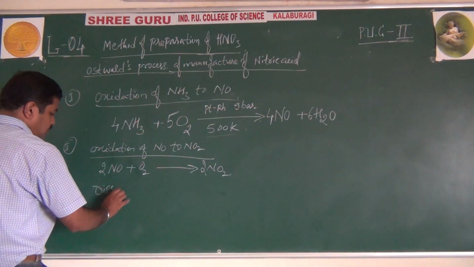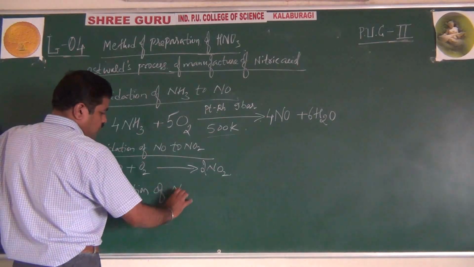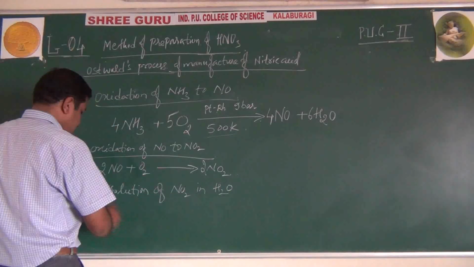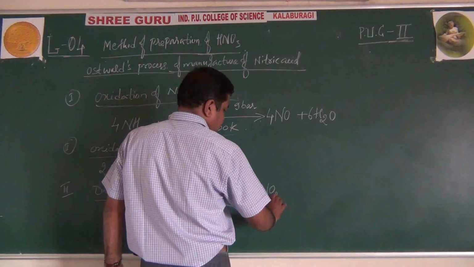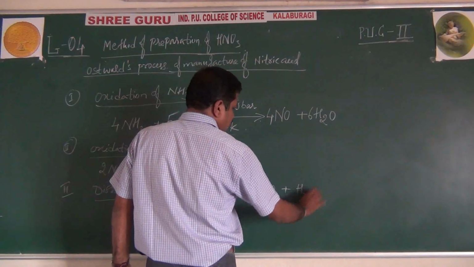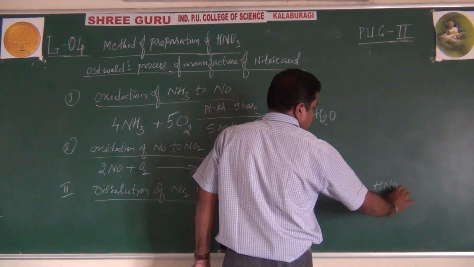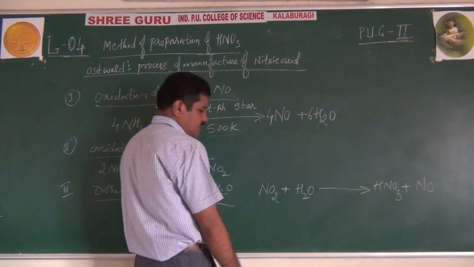Third step, that is dissolution of NO2 in water. Nitrogen dioxide is further absorbed in water. It undergoes a disproportionation reaction to form nitric acid and nitric oxide.